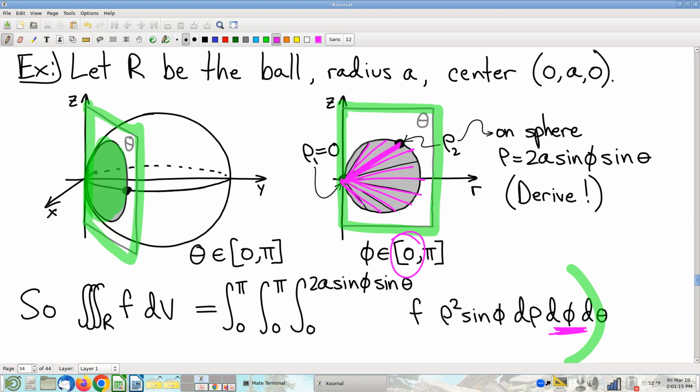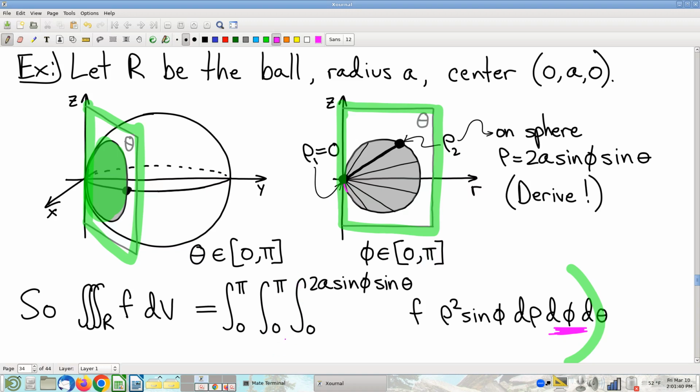We keep getting slices until they get shorter and shorter and eventually run out as we point straight down where phi is equal to pi. What do you think? Everybody buy it? Okay. So 0 to pi for our phi bounds.